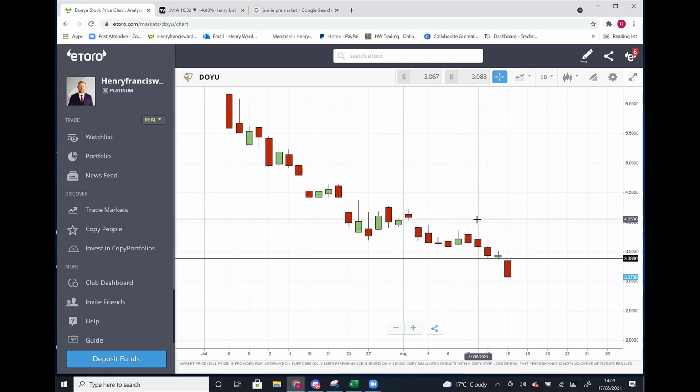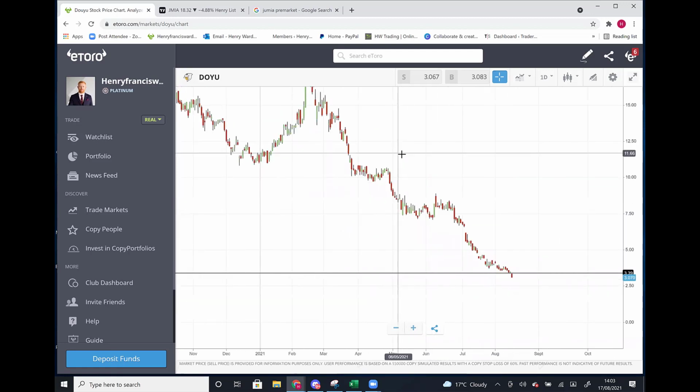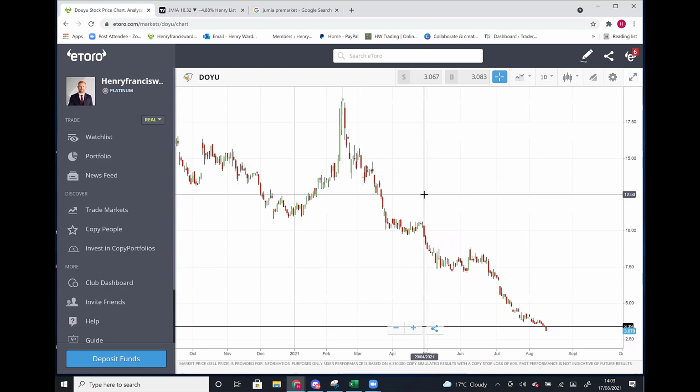So China are just a little pissed off that there are stocks that are listed on the New York Stock Exchange rather than the Chinese one, and that's what the big hullabaloo is. You have Douyu, you have Baidu, you have Alibaba. They all have the same drop.